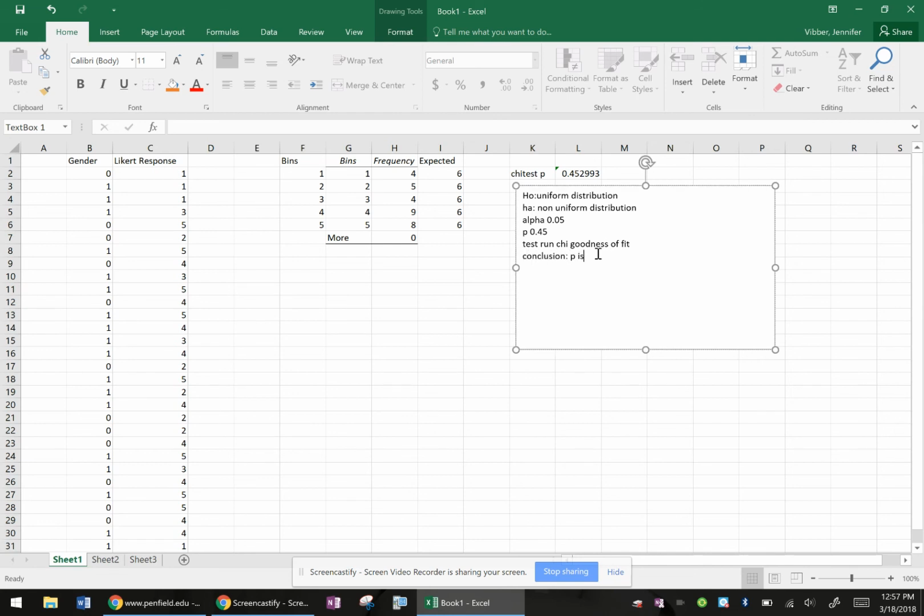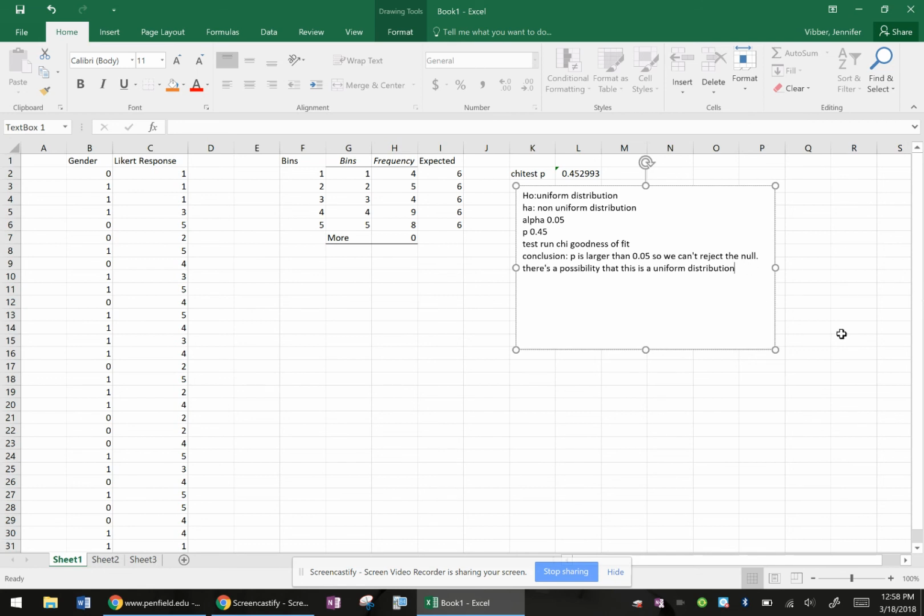Conclusion: P is larger than alpha, so we can't reject the null. There's a possibility that this is a uniform distribution.